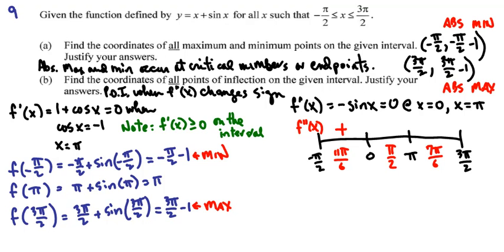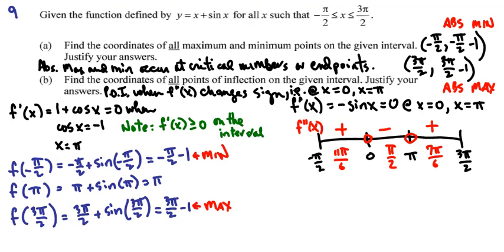At pi over 2, sine of x is 1, and negative 1 makes that interval negative. At 7 pi over 6, sine is negative 1/2. Negative times negative is positive. Since our points of inflection occur when the second derivative changes signs, we have a point of inflection at 0 and at pi. Okay, and then we're ready to go on to graph this.